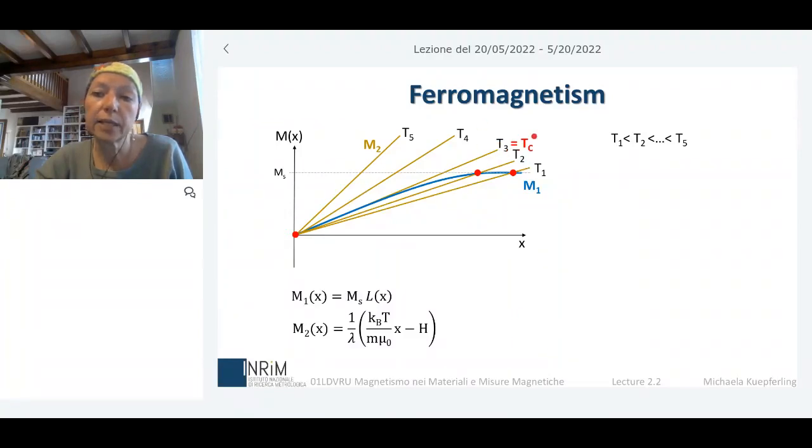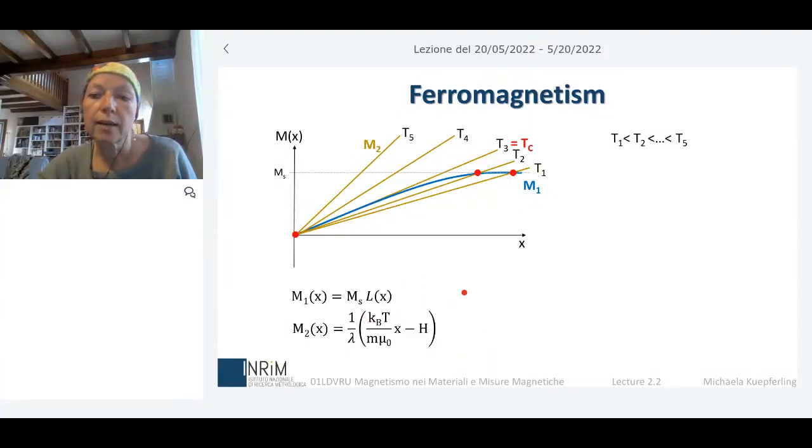T3 we can call the critical temperature, because above this critical temperature we will not find anymore any crossing which is not equal to 0. So we don't have a solution not equal to 0 of this equation. So this means that ferromagnetic behavior exists up to this critical temperature Tc, where we have a solution of this equation, and above it, it does not exist.